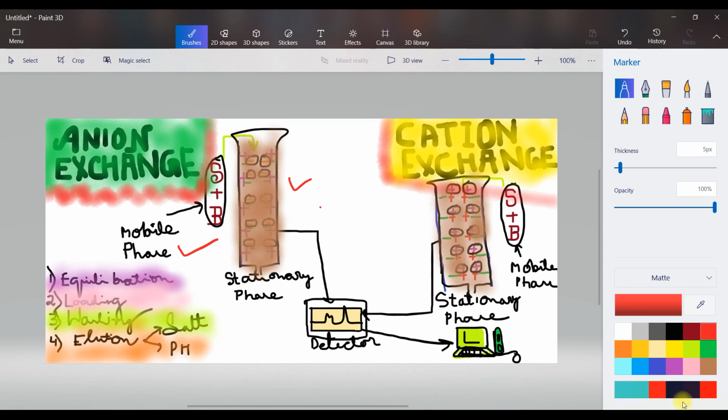Similarly, in cation exchange, the sample with the buffer with higher strength will replace these positive functional groups and will attach with these negative ions in the resins.